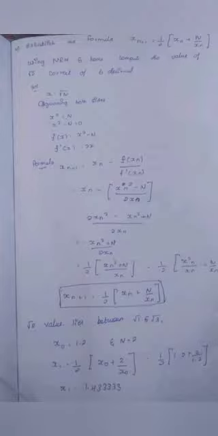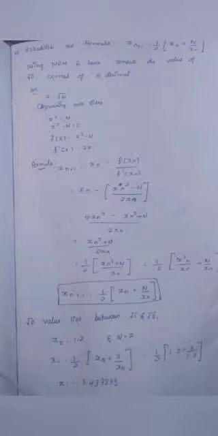We tabulate those terms and get the values of xn and x(n+1). See the last two terms, the third and fourth term, 1.41214 and 1.41214; both terms are equal, and hence that becomes the answer of the Newton-Raphson method.